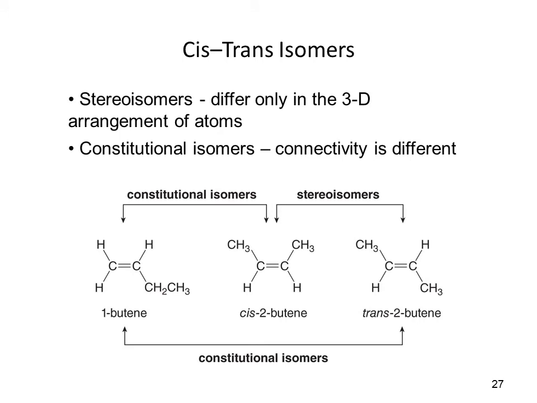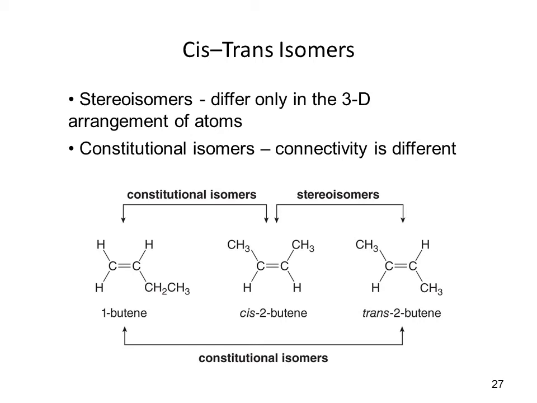So now we've been introduced to two different types of isomers. We have the cis-trans isomers, which are also called stereoisomers. They differ in the 3D arrangement of the atoms. The connectivity is really the same because you can name them the same thing.